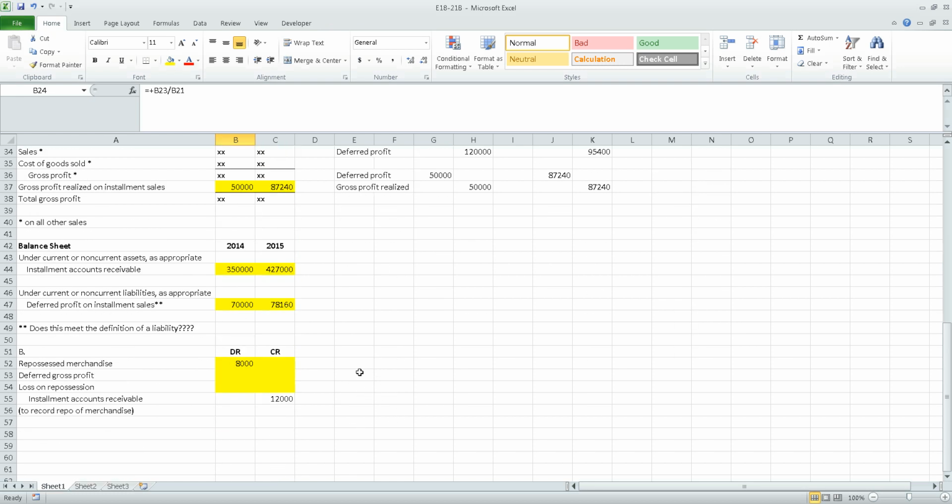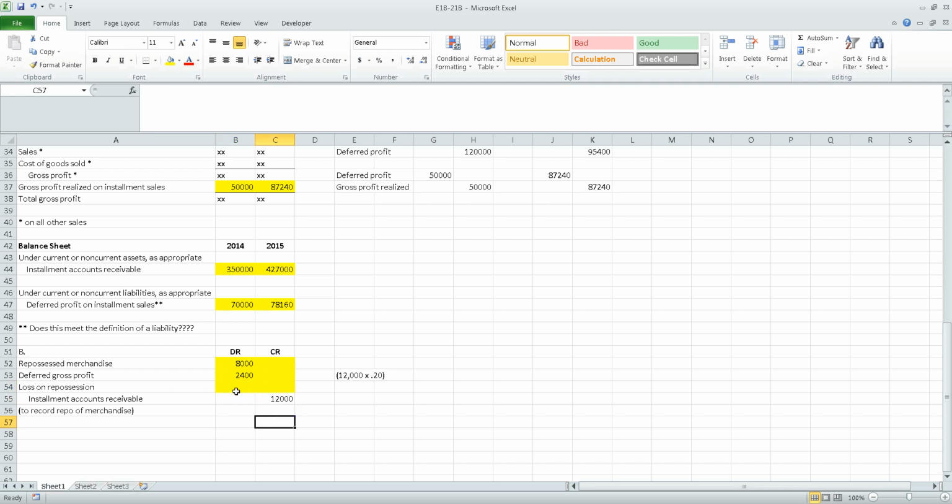So deferred gross profit here, we're going to take the balance of the receivable, $12,000, and multiply it times the 0.20 profit rate, and let's see what we get. We get $2,400. That's the remaining deferred profit on this $12,000 installment receivable.